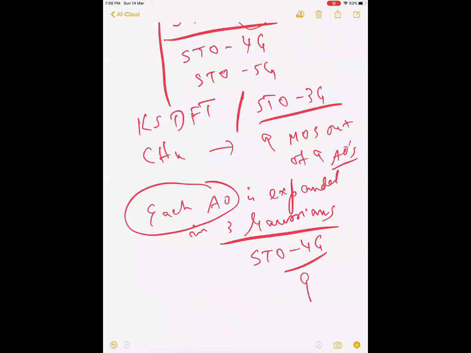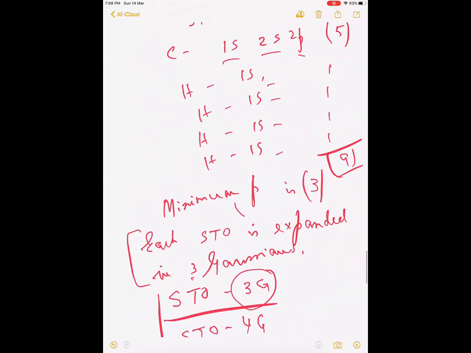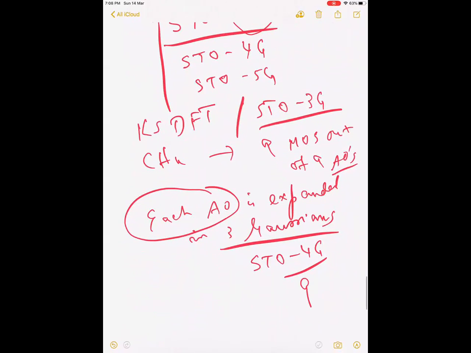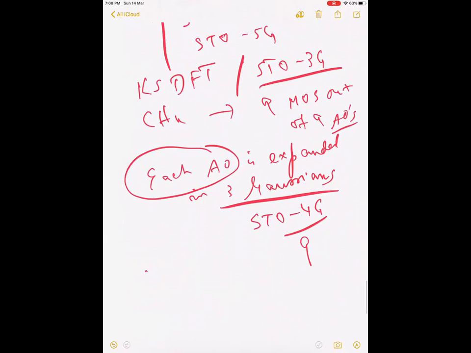Again 9, because STO4G just expands each AO in terms of 4 Gaussians, but the number of AOs remains the same. So the number of molecular orbitals is just 9, except that each atomic orbital, hence molecular orbital, will be a little bit better described. And the energy in STO4G will be slightly less than the energy in STO3G because of what is called the variation principle. The more the merrier.